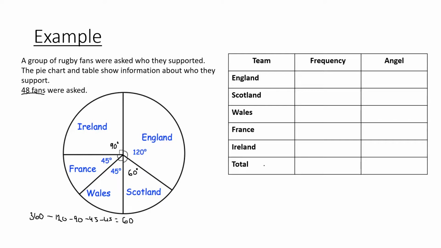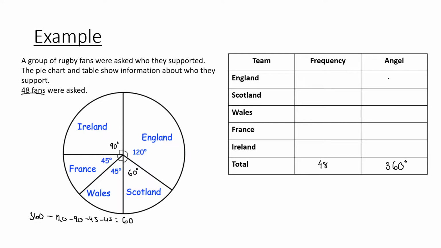There's a total of 48. So down here we're going to write 48, and then angle, our total angle, remember a circle, total angle is 360 degrees.